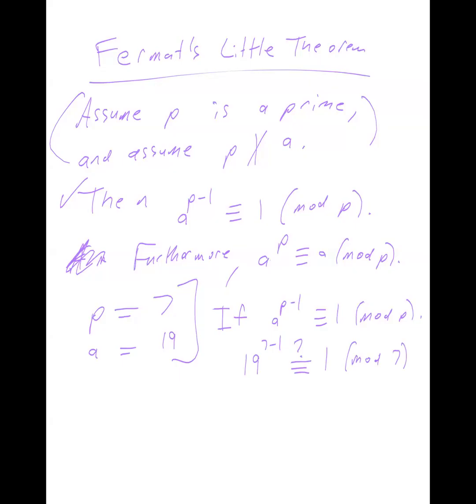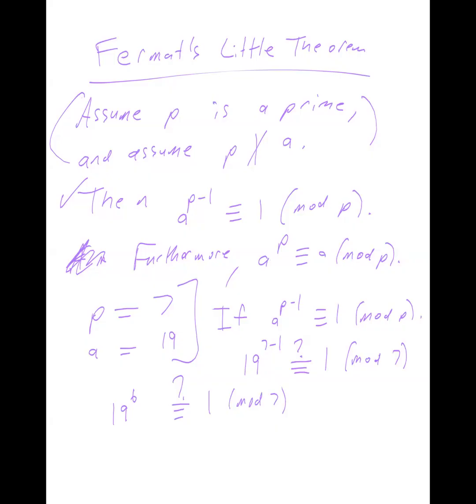So, first of all, what's 7 minus 1? 6. So this is basically saying that 19 to the power of 6 is congruent to 1, but we don't know for sure, so I'm going to keep putting a question mark there. Mod 7. So let's remember how to solve modular things. I mean, not how to solve them, how to reduce them.